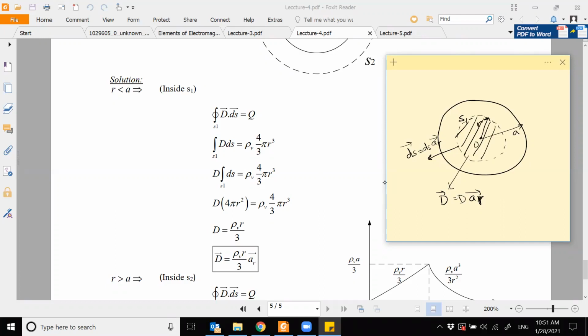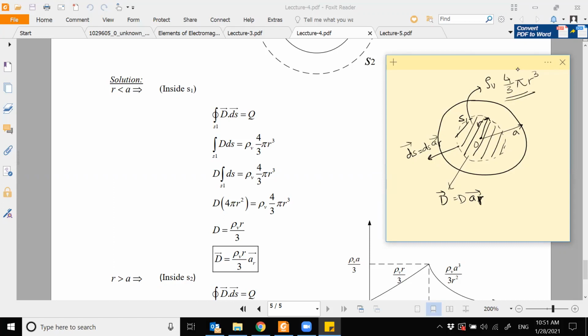Because this is the only charge which is enclosed in our Gauss surface, not the whole sphere, only this much. And how can you find it? Volume charge density multiplied by only the volume of this part. And what is the volume of this part? It is 4 by 3 pi r cubed.